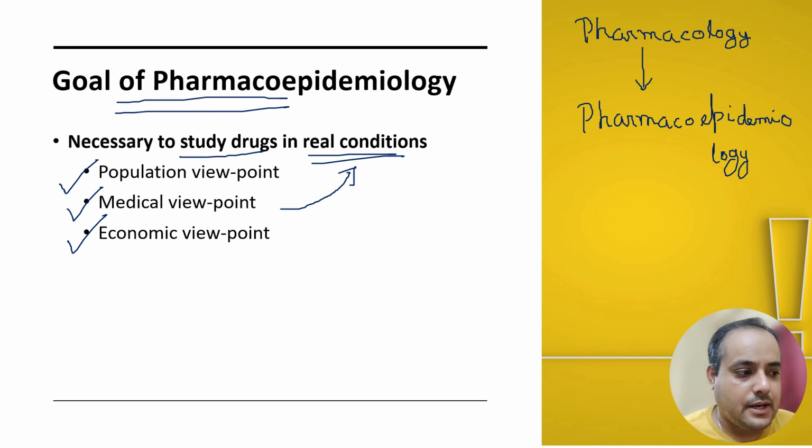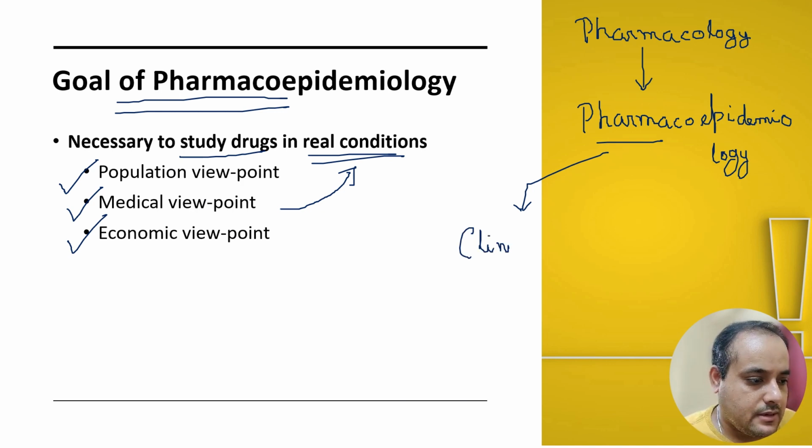And further, this pharmacoepidemiology has got two words, right? Pharma and epidemiology. And we are seeing it from the perspective of the human population, for the perspective of the patients. So pharmacoepidemiology is going to act as a bridge between clinical pharmacology and epidemiology.